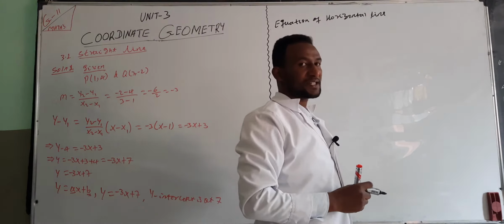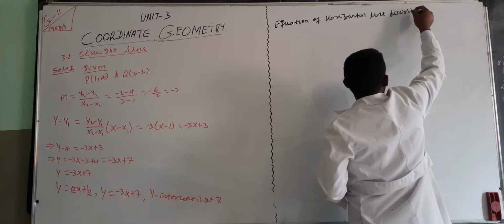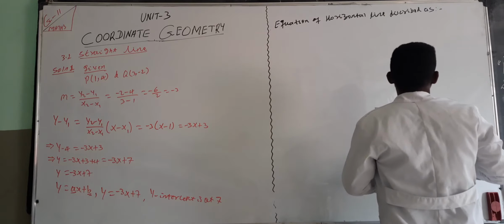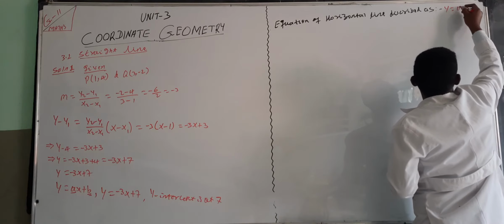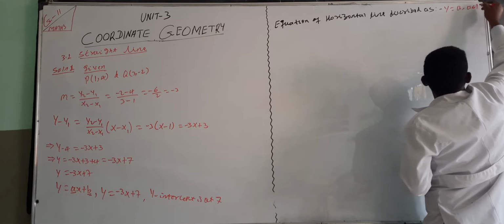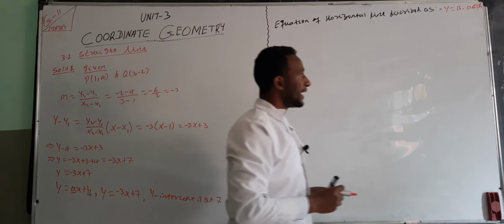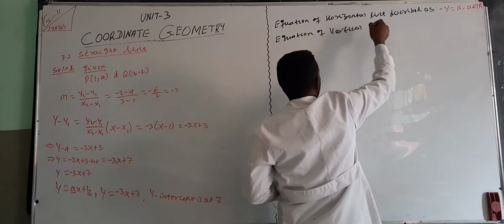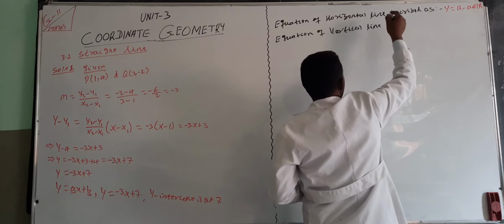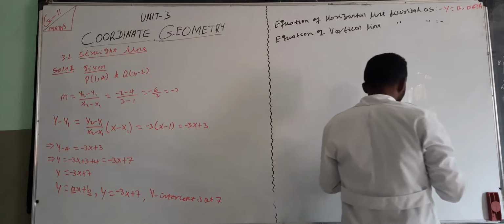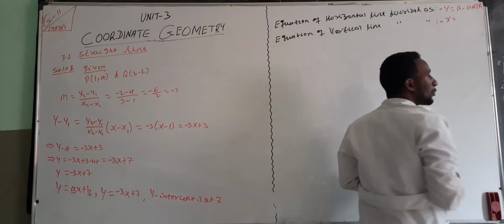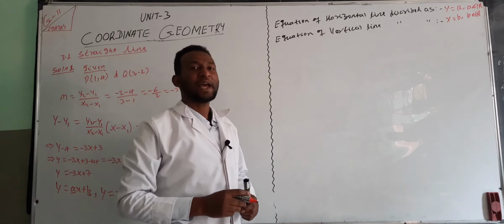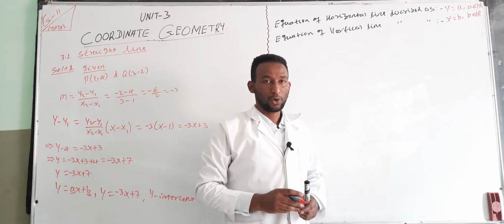The equation of a horizontal line is described as y is equal to some constant a, where a is an element of the real numbers. The equation of a vertical line is described as x is equal to some constant, let us say b, where b is an element of the real numbers.